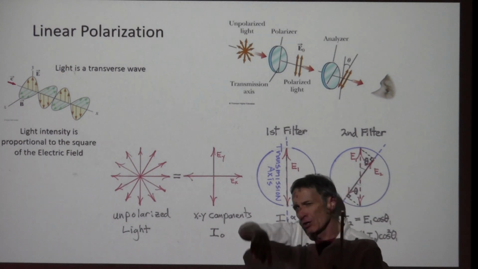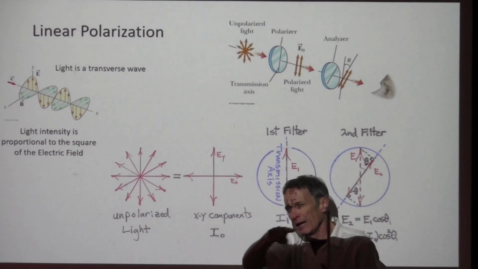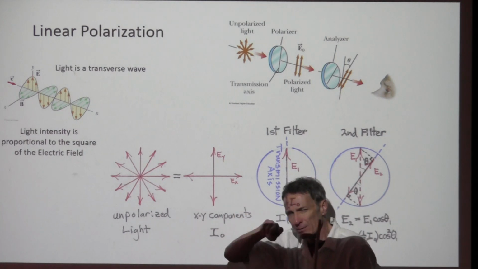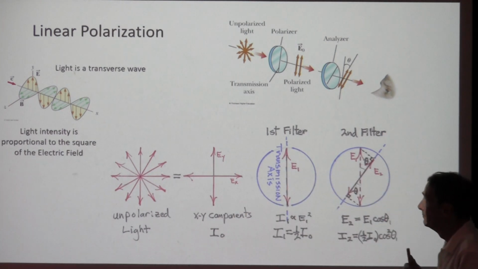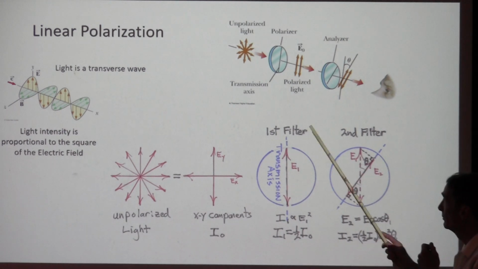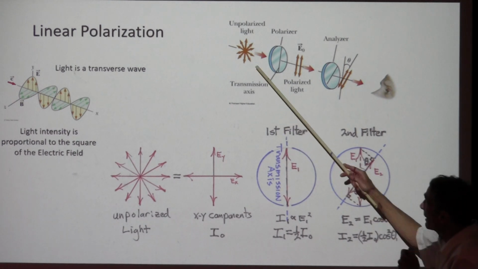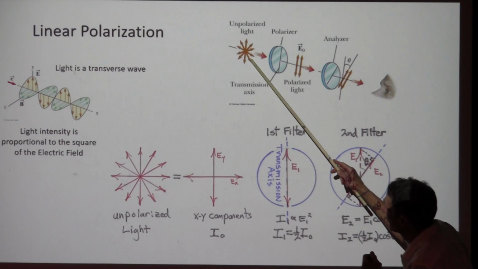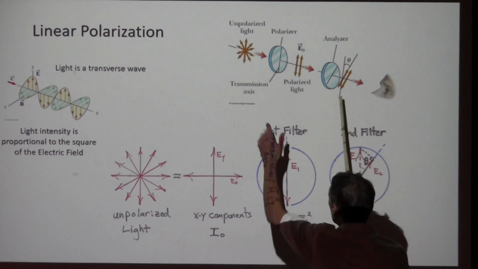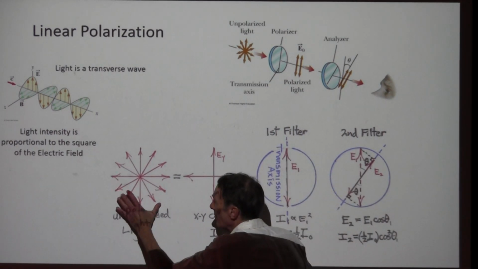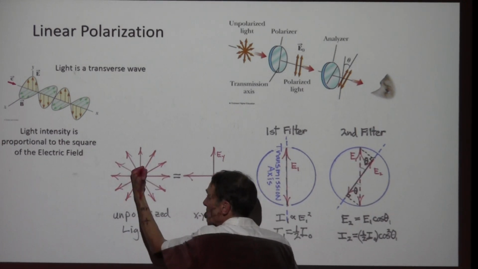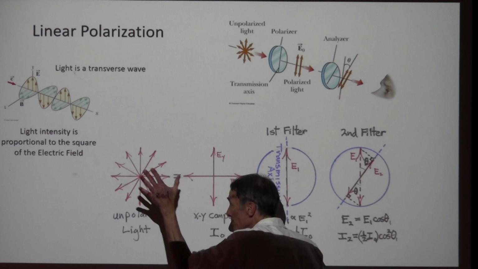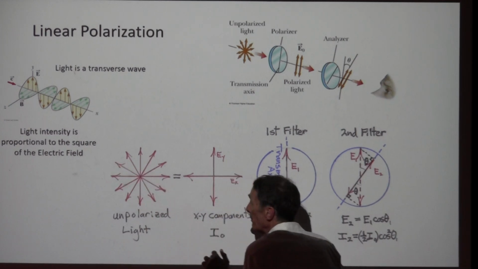If it's coming at you, it can be vibrating in any number of different directions, as far as the transverse nature of it. We're going to represent unpolarized light that way. This is kind of a 3D look. I'm just going to draw it like this, unpolarized light vibrating. Again, picture this is coming straight out at you, or we're going to put some filters over it to see what happens.